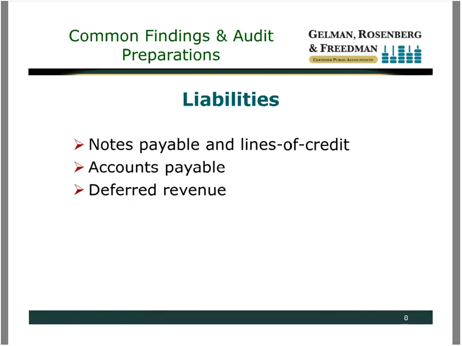So one of the first things we always check is, do your beginning balance net assets in your trial balance agree to last year's audited financials? It generates a comment all the time.